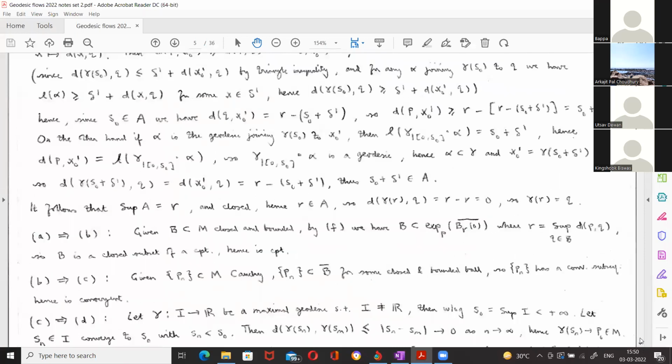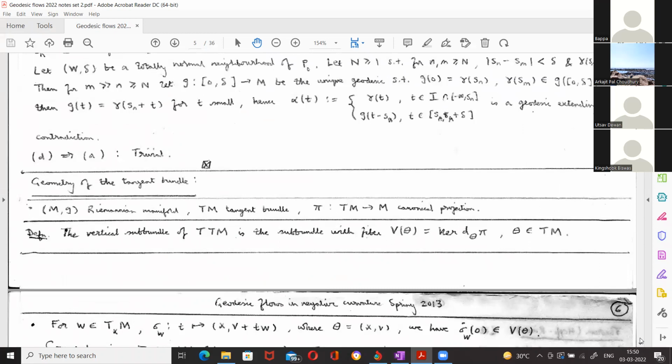So, all right. So geometry of the tangent bundle. We have our Riemannian manifold M, TM is the tangent bundle, and pi from TM to M is the canonical projection. Now we can define what's called the vertical subbundle of TTM.